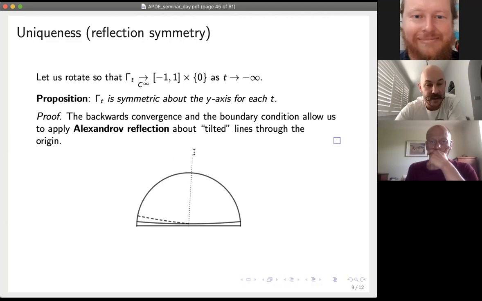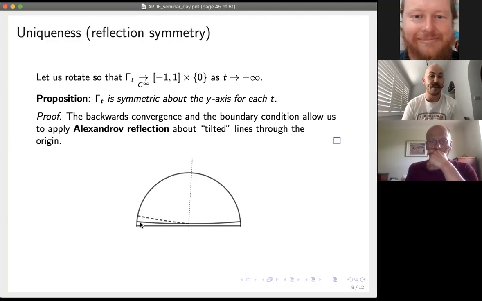Then, due to the backwards convergence, there must be some super early time at which, when you reflect the right half of the curve across this tilted line, the reflection lies above the left half of the curve. That's more or less given to you by the backwards asymptotics.